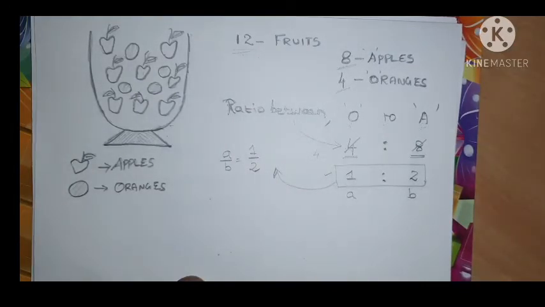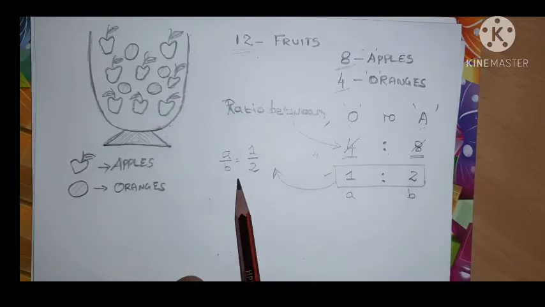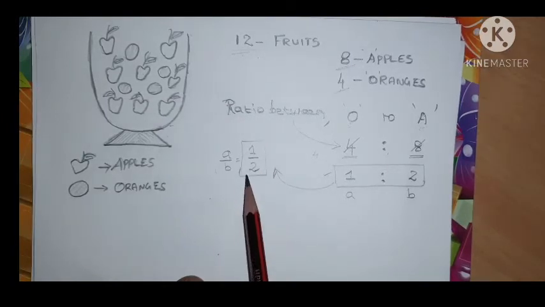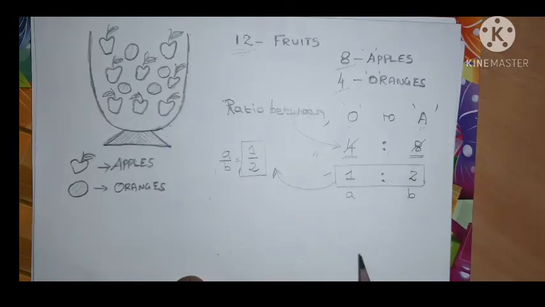Now we come to the answer. The question is how many oranges are present as compared to the apples. Half of the oranges are present as compared to the apples.